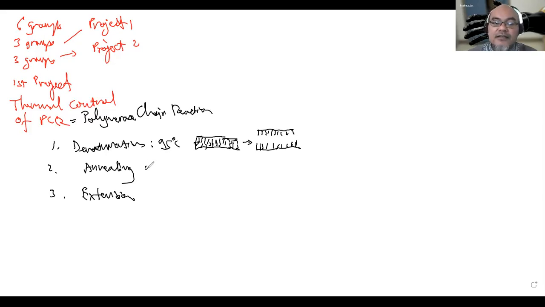Then annealing is usually done at, I think, 65 degrees, something like that, if I'm not mistaken. In annealing, a primer is attached to this single-strand DNA. This is double-strand DNA, this is single-strand DNA.